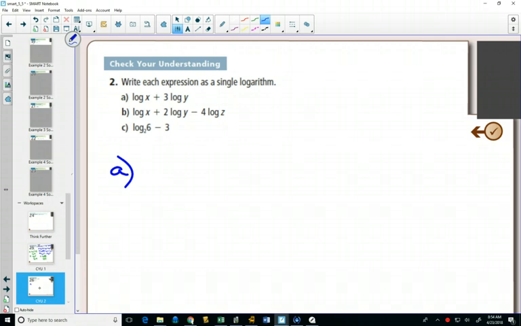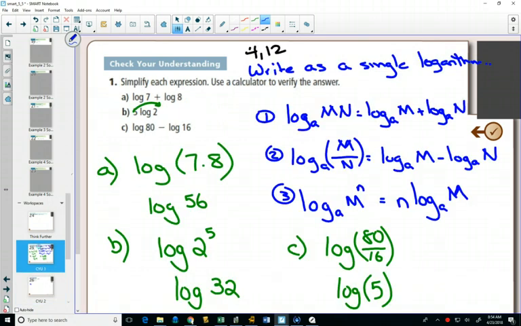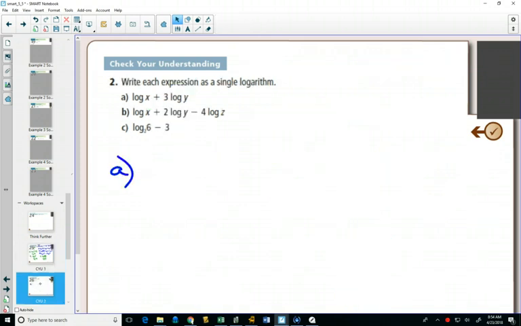So in fact, we won't be able to use the first formula because we have a 3 out in front, and it doesn't match up. That formula doesn't have that 3 in there. The formula only works, number 1, if it's a log plus a log. So we have a problem because we have a 3 out in front.